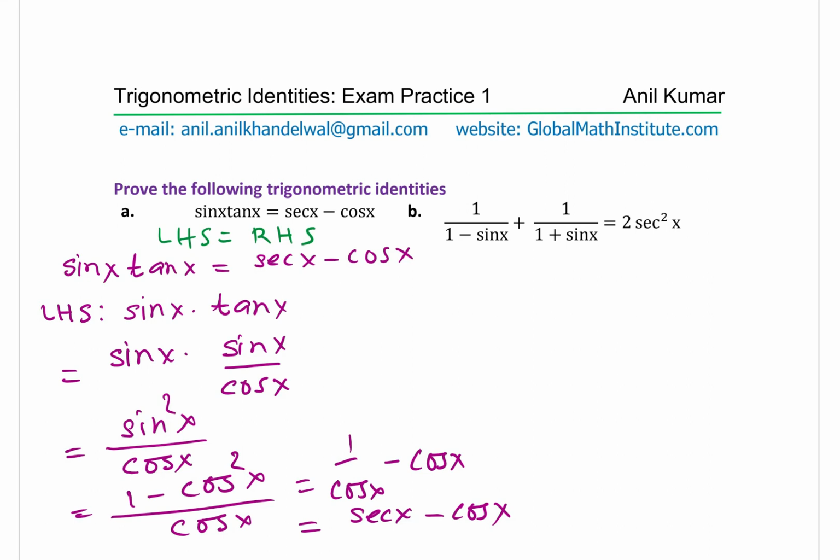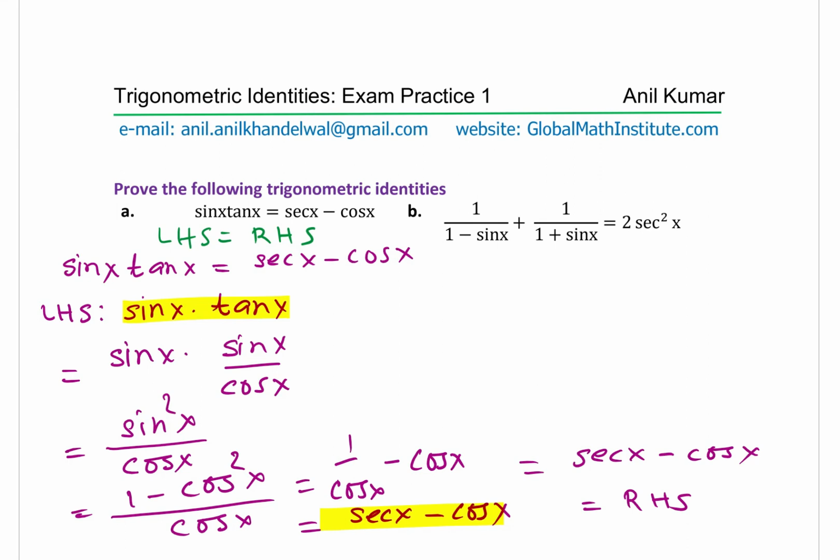Is that clear to you? We began with the left hand side and then showed that it is equal to the right hand side. That is how you are going to do it. Perfect. I hope the steps are absolutely clear. Secant x minus cos x is equal to the right hand side. Clear?